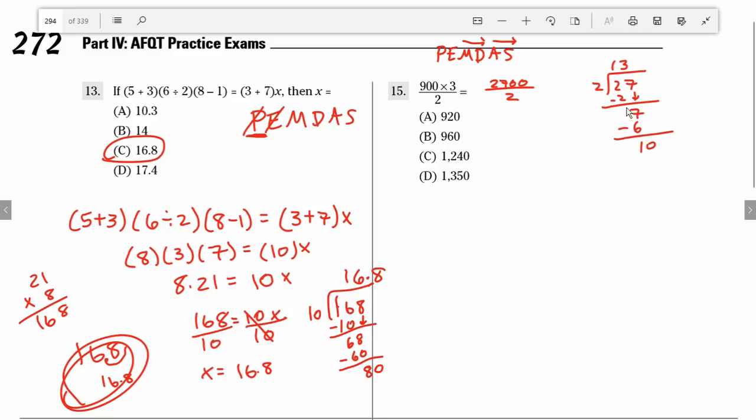Drop down the 0. 2 goes into 10 5 times. So, in other words, we can see that this is going to be 1350. Okay? Because if 2 goes into 27 13.5 times, we know it's going to go into 2700 1350 times.